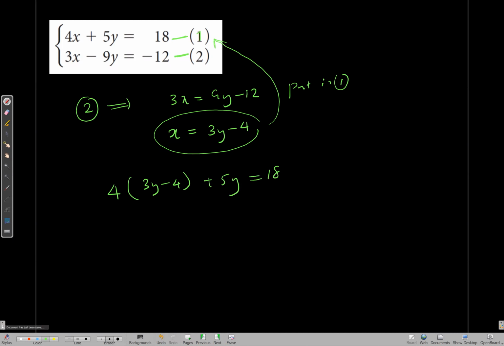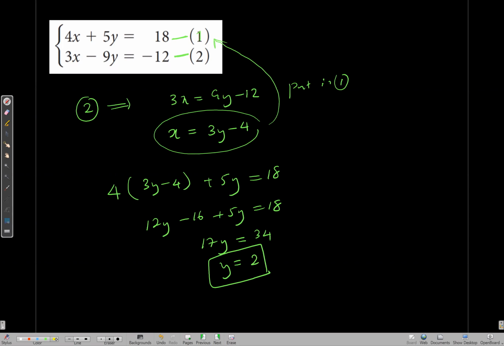So now we have an equation just consisting of y. So 12y minus 16 plus 5y equals 18. So I get 17y, and when I take this 16 to the other side, I am getting 34 on this side because 16 plus 18 is 34. And when I divide by 17, 34 divided by 17 is 2, which is a nice value.